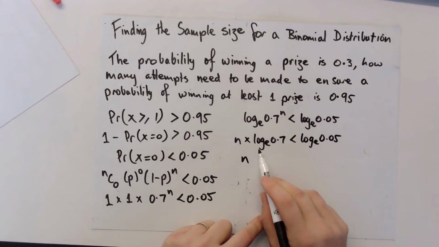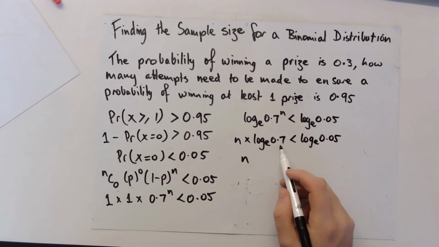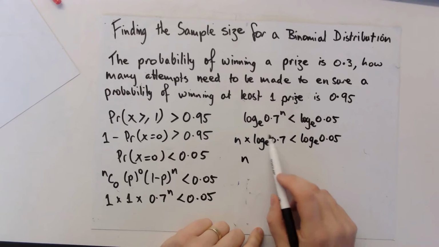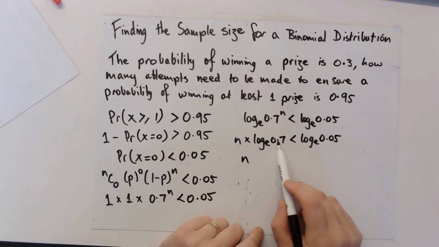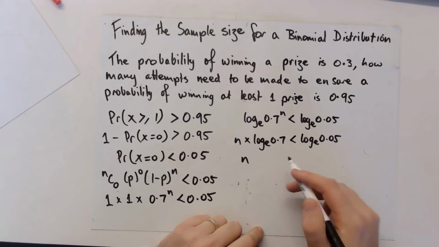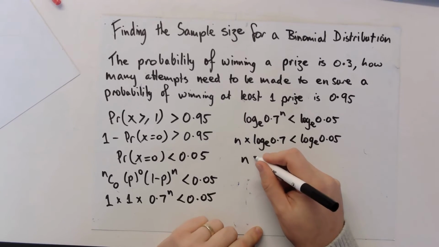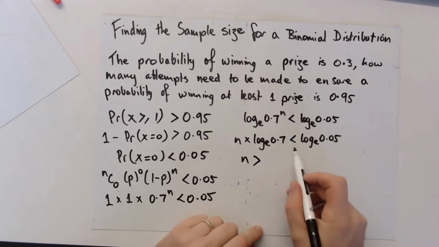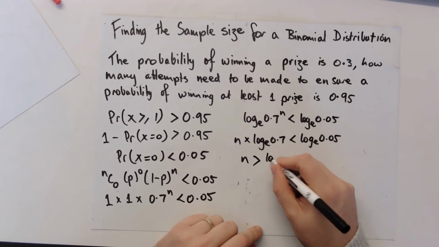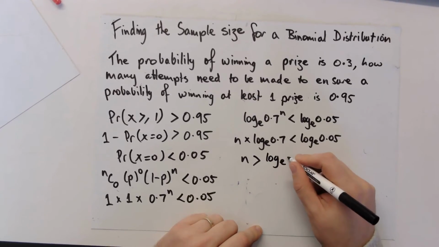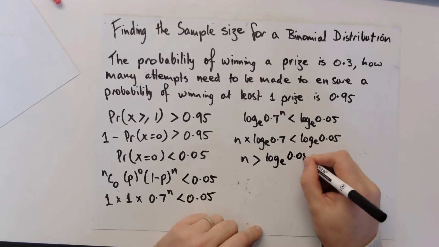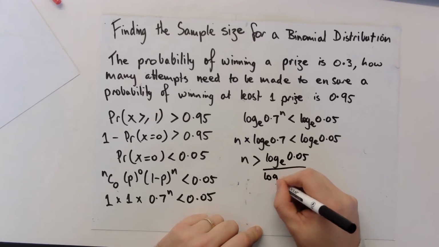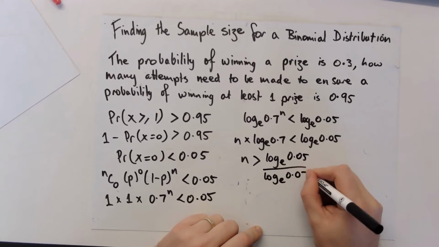Now I'm going to divide by log to the base e of 0.7. Because 0.7 is less than 1, this number is actually going to be negative, so dividing by a negative means we've got to change the direction of our inequality sign. So n is greater than log to the base e of 0.05 over log to the base e of 0.7.